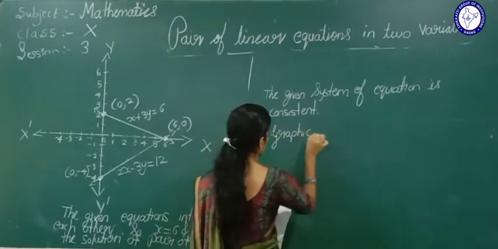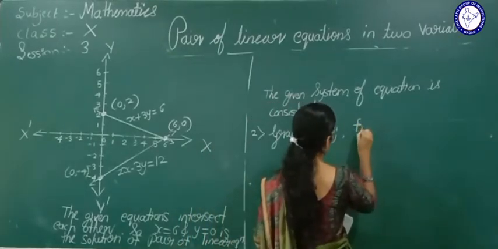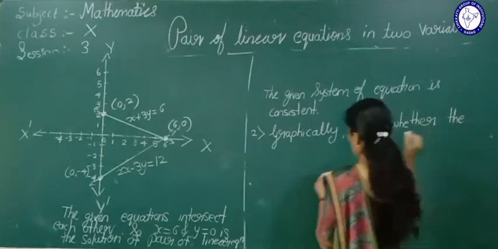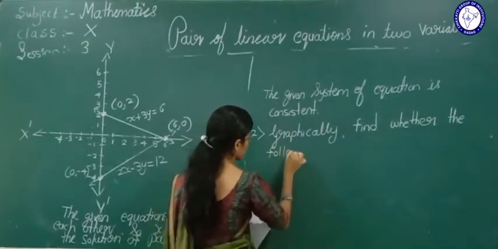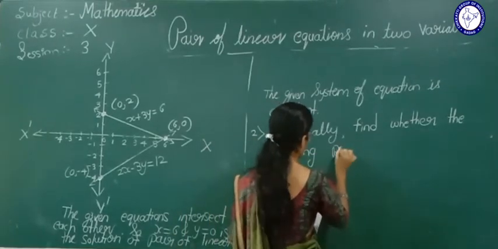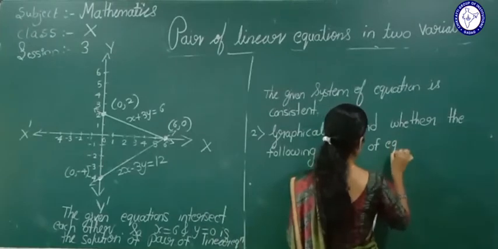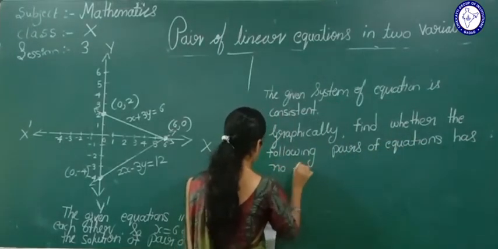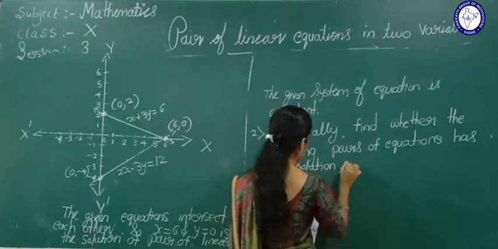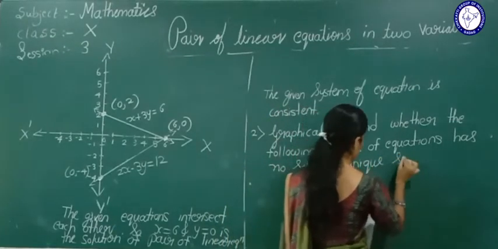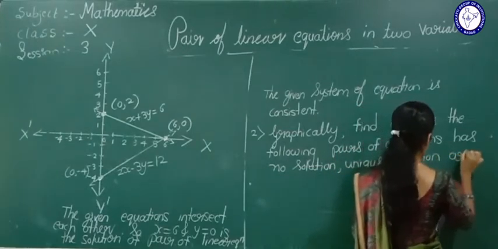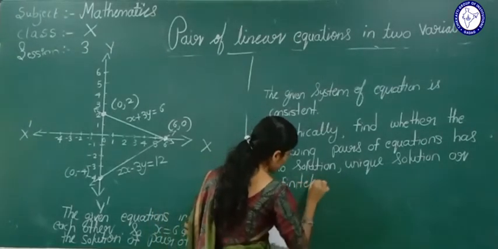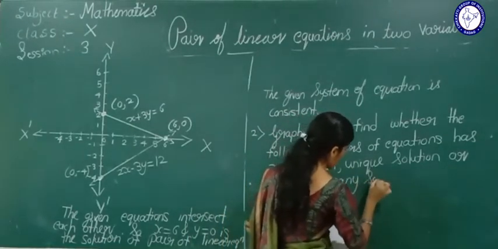Graphically find whether the following pairs of equations has no solution, unique solution, or infinitely many solutions.